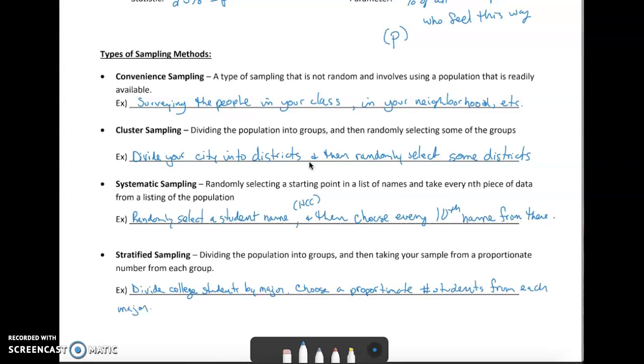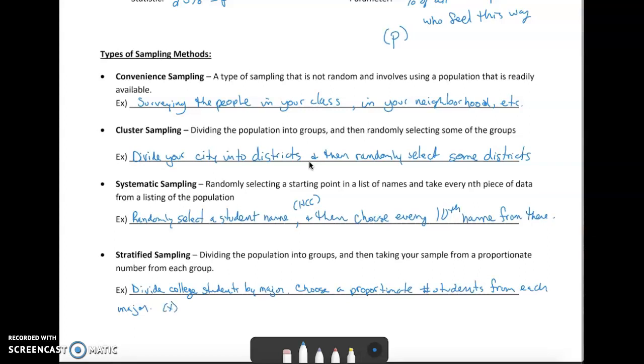So what that would mean is that if there were, let's say, twice as many math majors as there are English majors, you would randomly select twice as many math students as you would English students, so that everyone is represented proportionately.